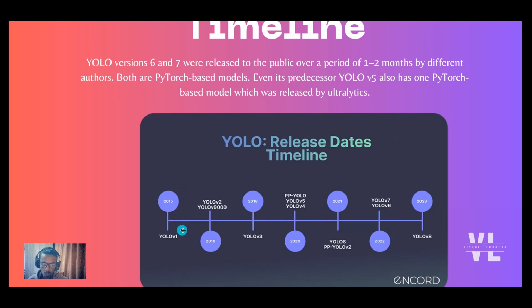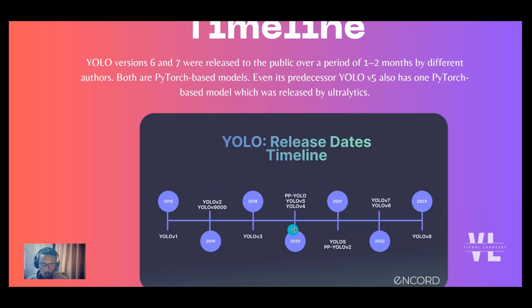So we had YOLO V1, which was released in 2015. Then we have YOLO V2, which is also known as YOLO 9000, which was released in 2016 after 1 year. And YOLO V3 was released after 2 years in 2018. All of these YOLO models were written by the same author.